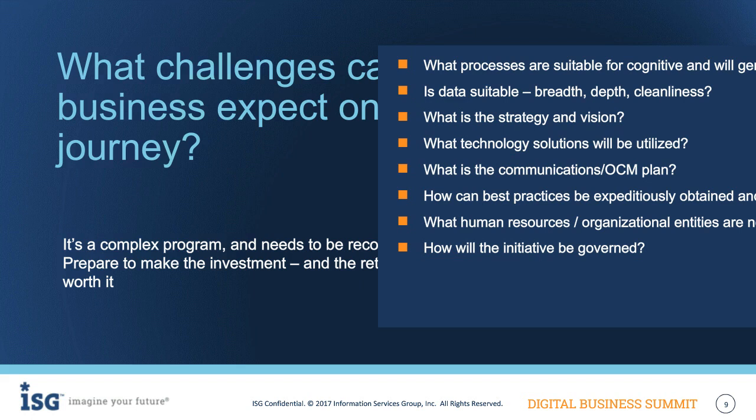And then, of course, the human resources and organizational entities. So there is a slightly different skill set that can be required to make cognitive work. I'm sure many of you have heard of the rise of the data scientist, and there's all kinds of different terms for this. But there's a lot of science around this. There's a science to preparing the data and building the automation so they work with the data to render the right decisions.